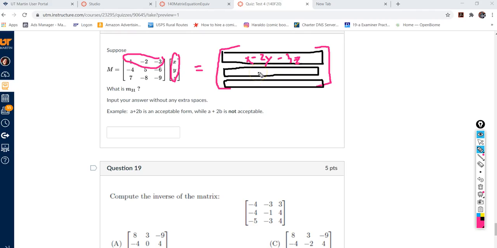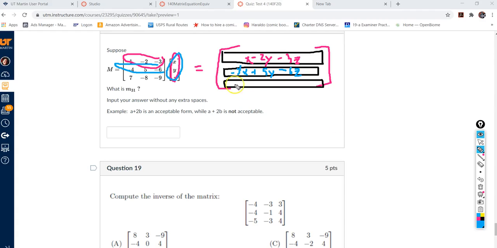Then this is row 2, column 1. And that's going to be row 2 of this times column 1 of that. And I'm going to have negative 4 times x plus 5y minus 6z.